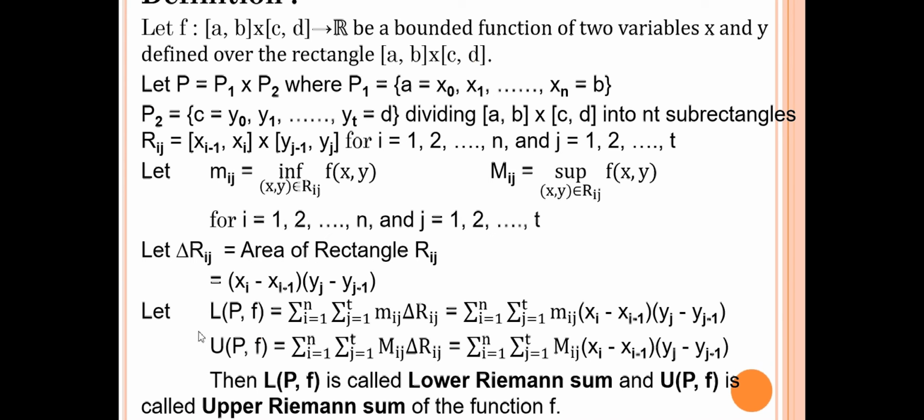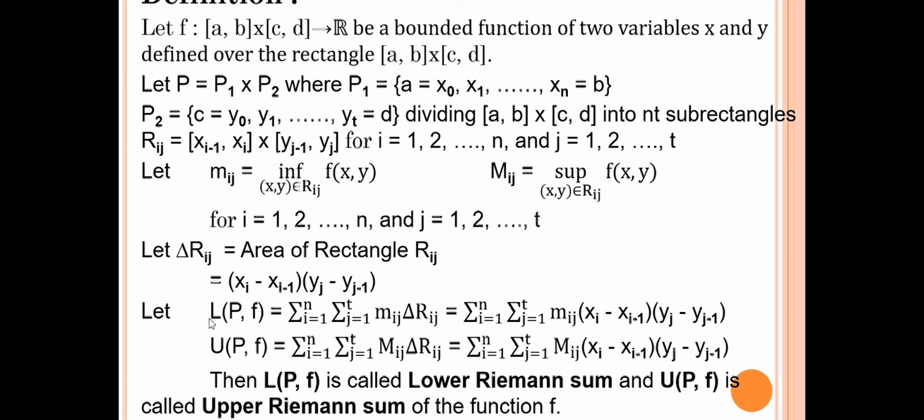Similarly, in the same fashion, you have to define UPF. UPF is defined by the double summation, i from 1 to n, j from 1 to t, of capital M_ij into delta R_ij. Again you have to replace this delta R_ij in terms of x_i minus x_{i-1} and y_j minus y_{j-1}.